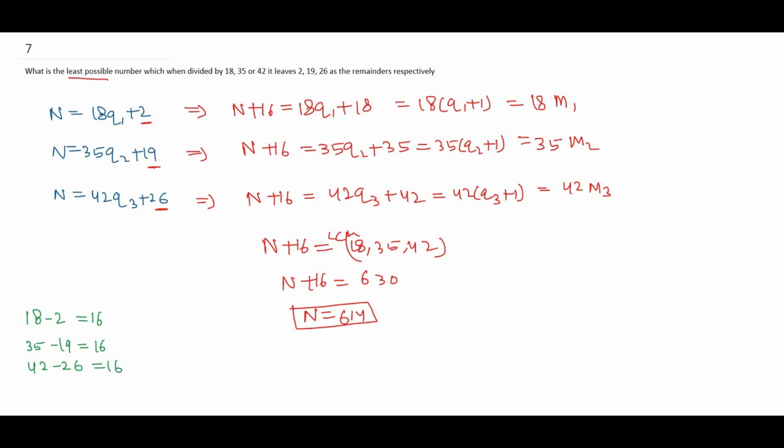So when the difference is the same, which is equal to 16, our answer would be LCM of 18, 35 and 42 minus 16. After some practice, you can use this directly as a trick.